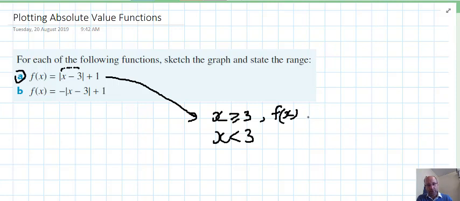If we consider that first one, when x is greater than or equal to 3, f of x will be greater than or equal to 1. When x is less than 3, we'll have a negative inside, but when you take the absolute value of a negative, you get a positive, and then if we add 1, it won't go any lower than 1, so it'll also have its values at least 1.